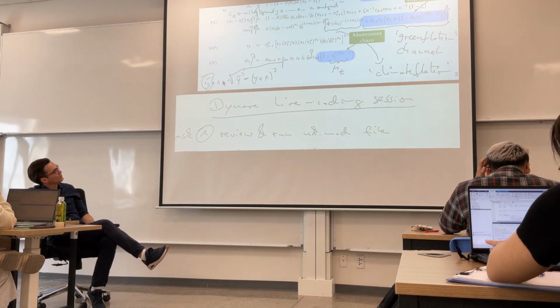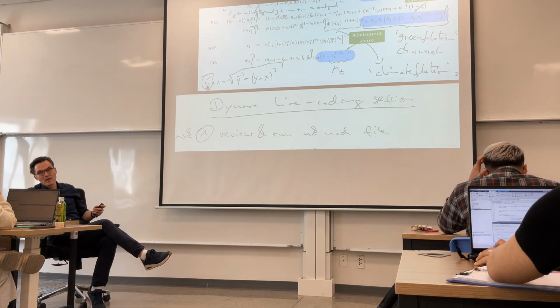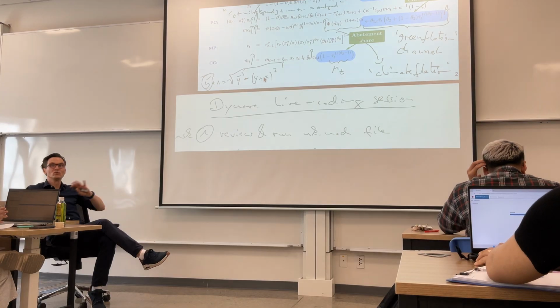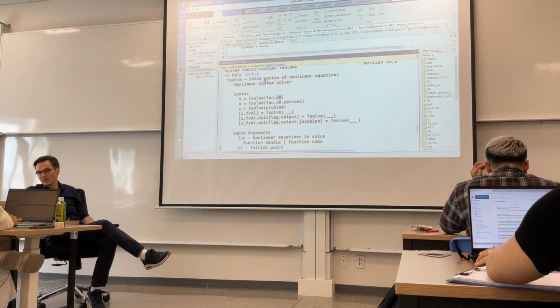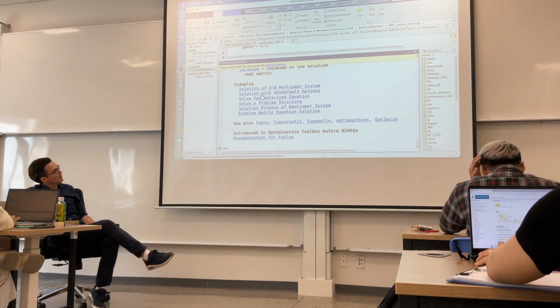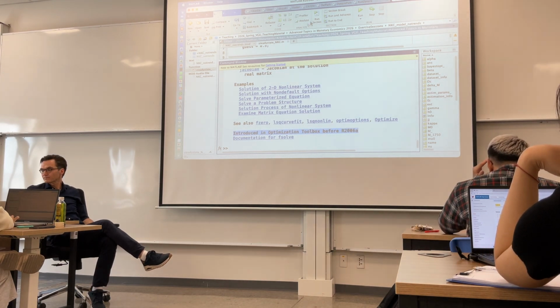You bring everything to the other side, so that 0 is equal to this minus that, and then you give an initial guess, like y bar is 0.5, say. You stick in 0.5 everywhere, and then you let the solver do its job to solve this equation numerically. That's what's going on here. You get lots of information about this, and it is introduced in the so-called optimization toolbox. So that's what you need to have.